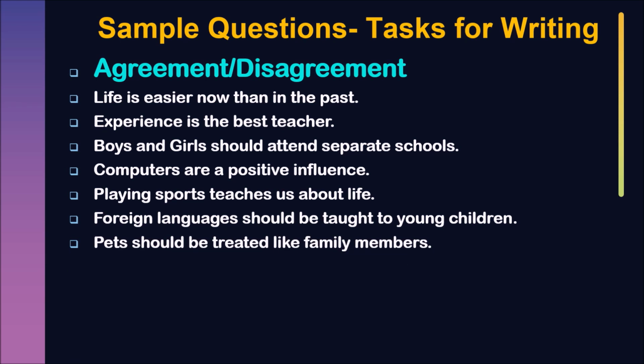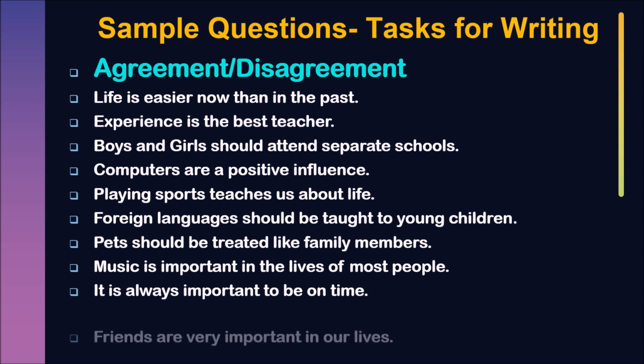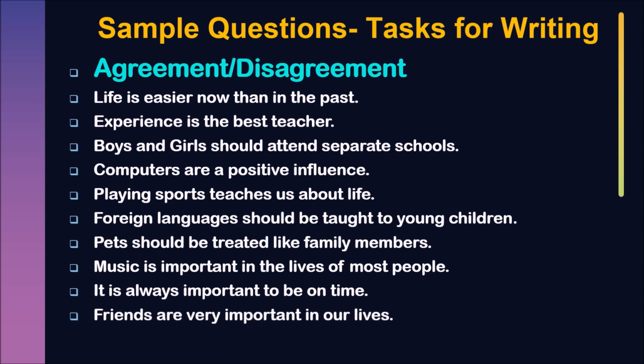Pets should be treated like family members. Music is important in the lives of most people. It's always important to be on time. Friends are very important in our lives. So, here are some of the topics that you can give as practice to the children in this segment regarding agreement and disagreement.